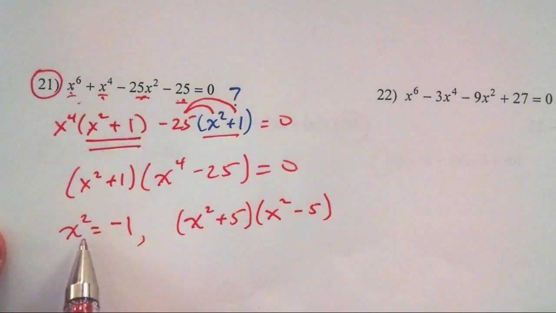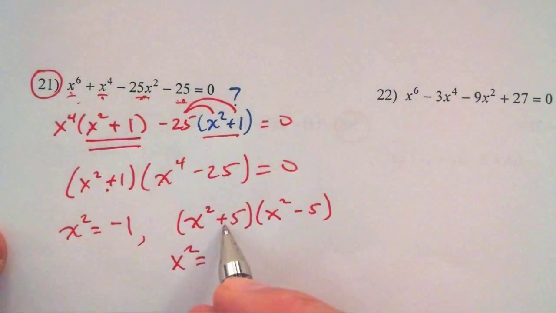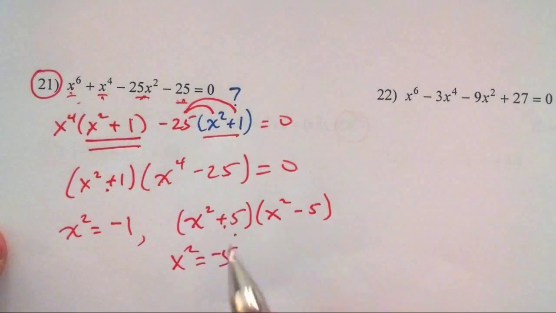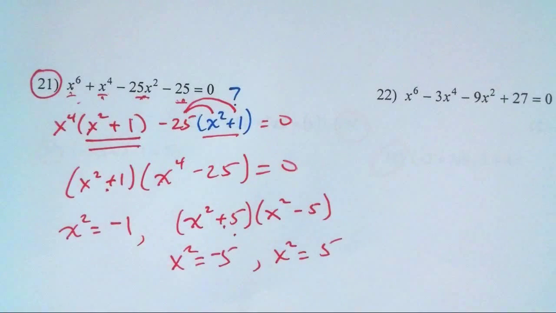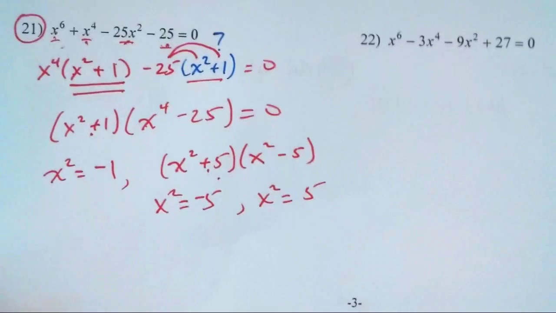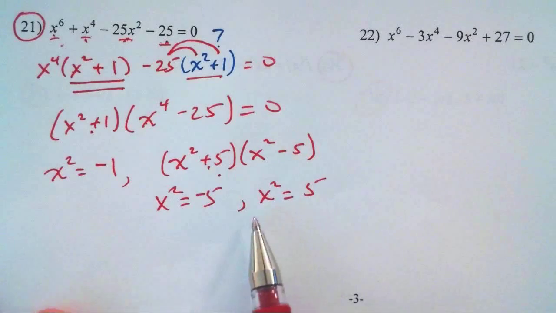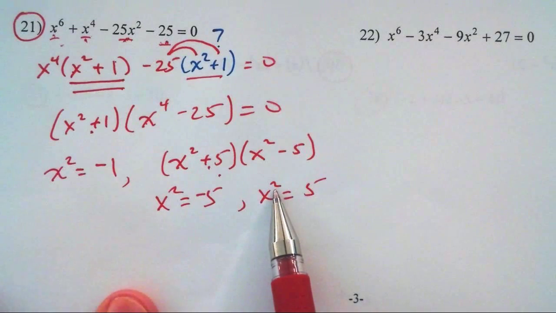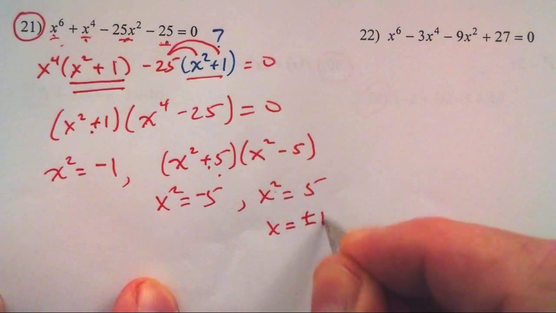So either x squared equals negative 1 from there, or x squared equals negative 5 here, or x squared equals 5 there. Well, this one's not troubling at all. How do I get rid of a squared? With a square root, not just a square root, plus or minus. x equals plus or minus the square root of 5.